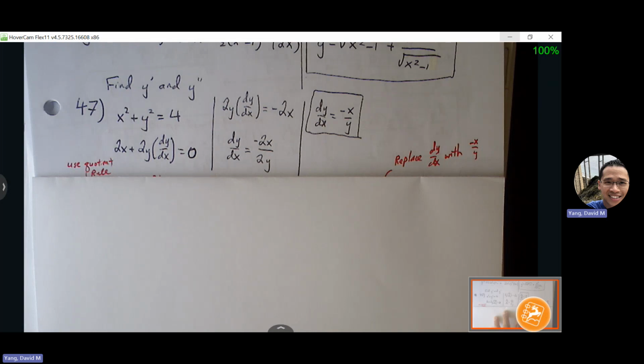Okay, that's the first derivative. But if I want to find the second derivative, guess what we have to involve here? Quotient rule and implicit as well, because I've got to take care of that y. So let's go through the process there.